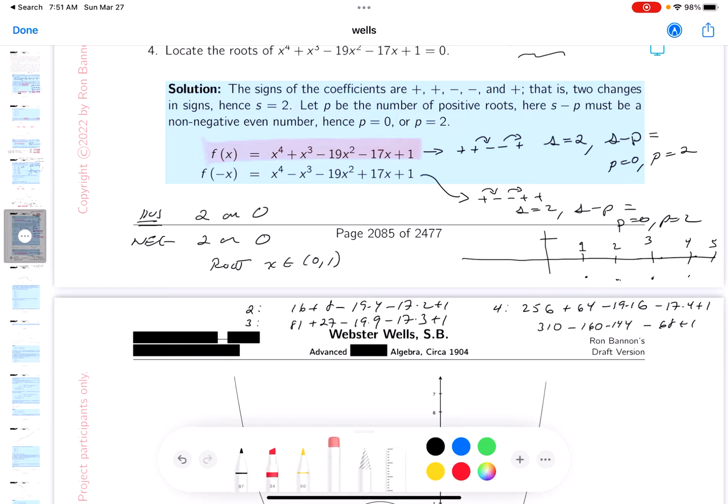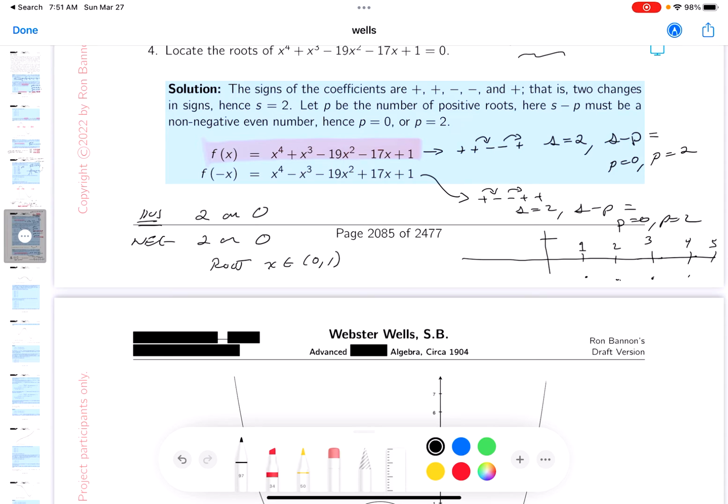So let me just erase. I'm looking for the other positive root, by the way. And let's go to 5, all right? Well, 5 to the 4th power, let's see, 5 times 5, 25, times 5, 125, 625.